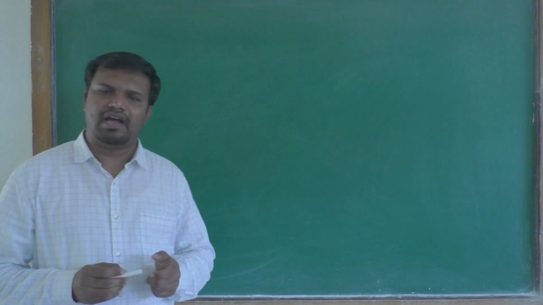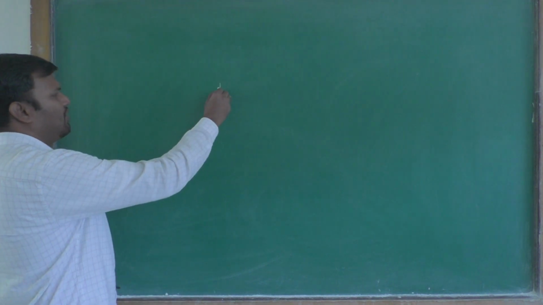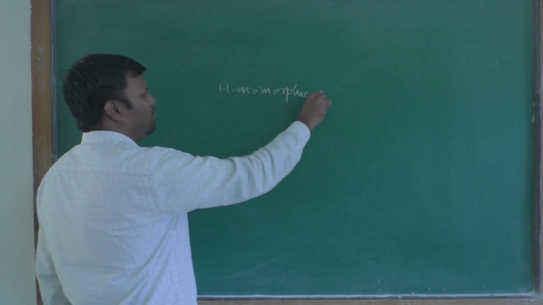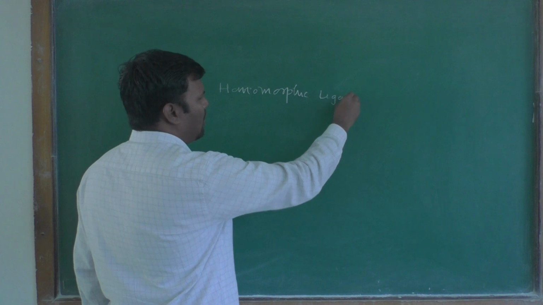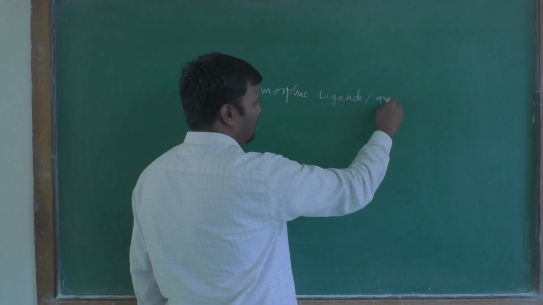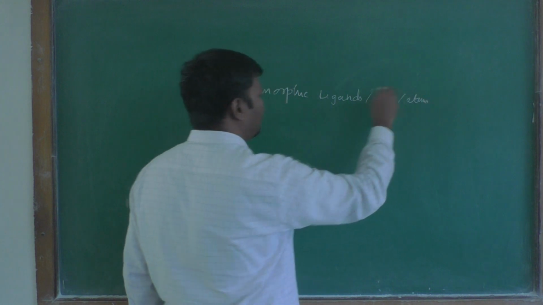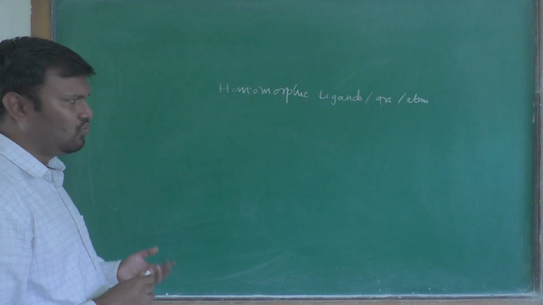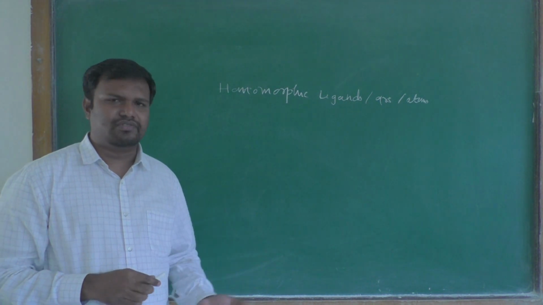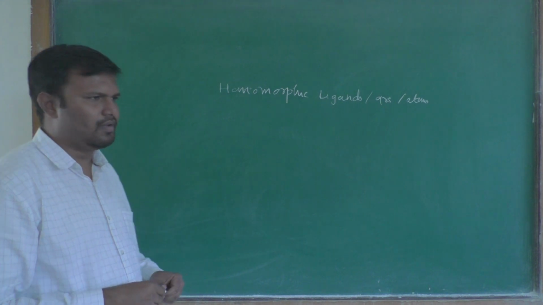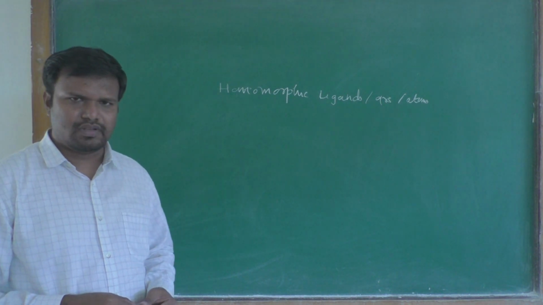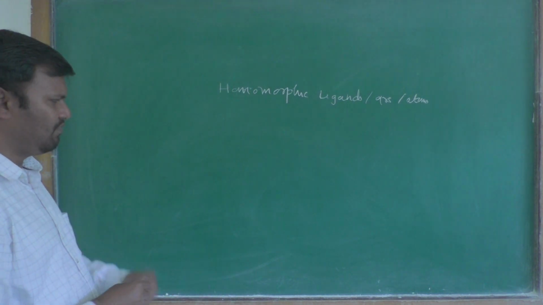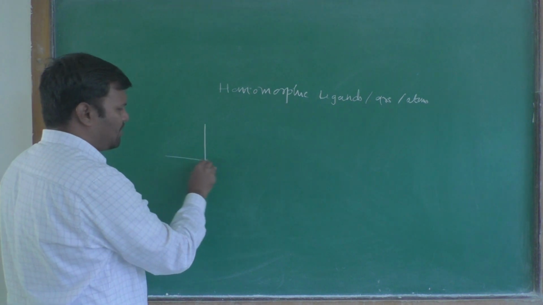The discussions we have started with homomorphic ligands or groups or atoms, and from these homomorphic ligands, groups, atoms, we have derived three terms, that is homotopic ligands or phases, diastereotopic ligands or phases, or enantiotopic ligands or phases. We have taken one example.